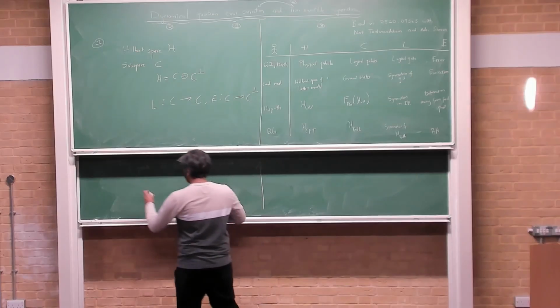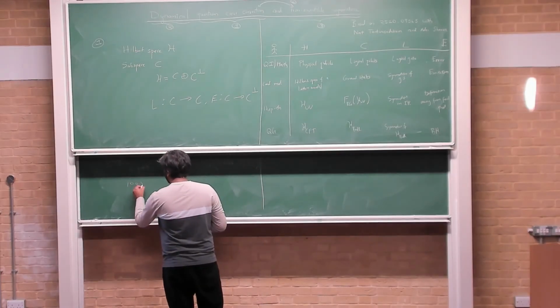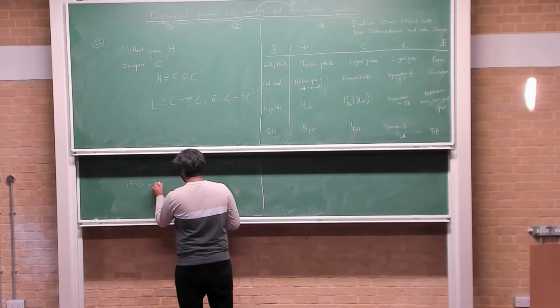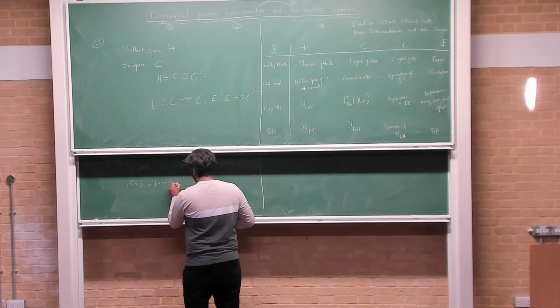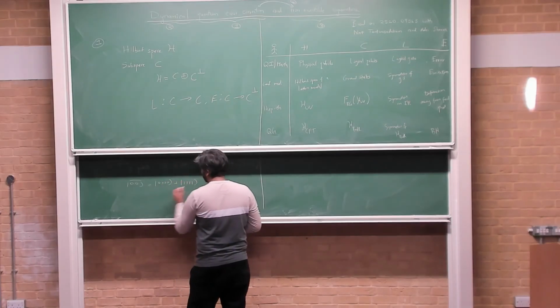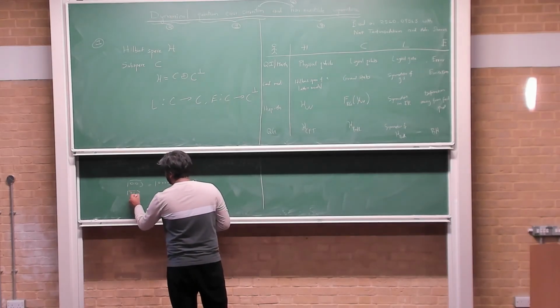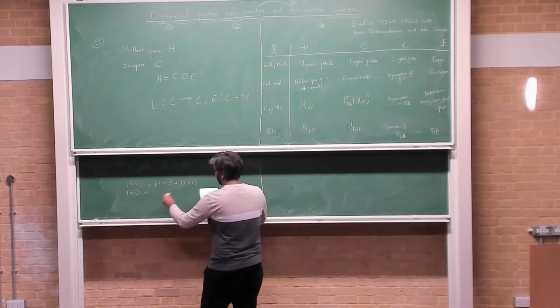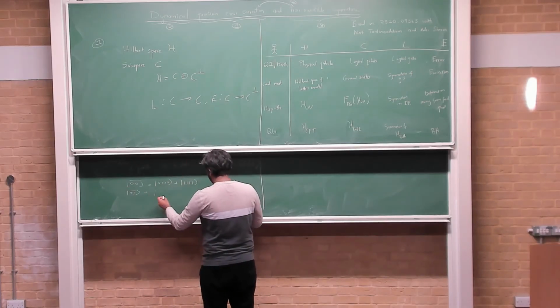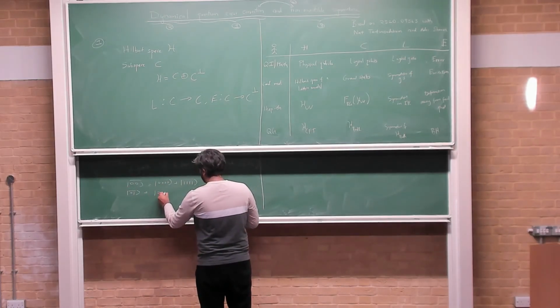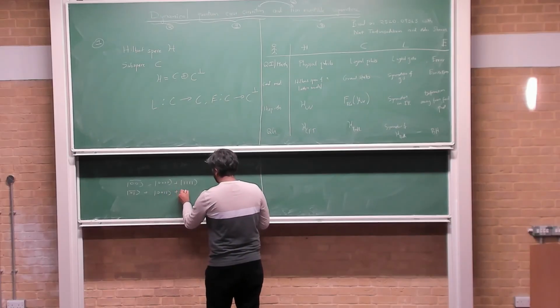So let me write down explicitly. So I get 4 states: 1111, and so on. This is just a label that I'm giving for this combination of states of the original Hilbert space. 0011 plus 1100.